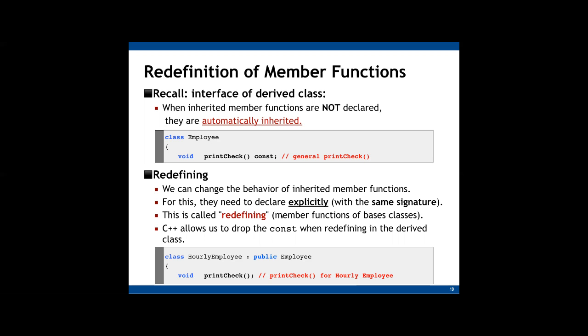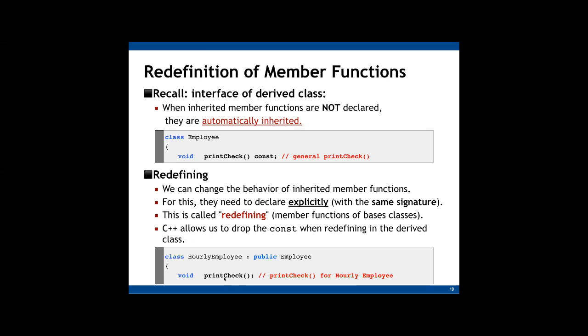In order to redefine the inherited member functions, you need to explicitly declare the member functions that are going to be redefined in the derived class. So in this example, print check is a member function of the employee class, but we also explicitly declared the print check member function in the hourly employee class, which is a derived class, or child class, of the employee class, because hourly employee inherits the employee class.